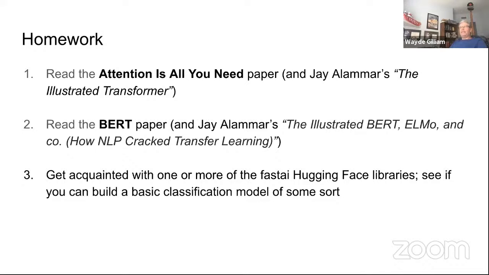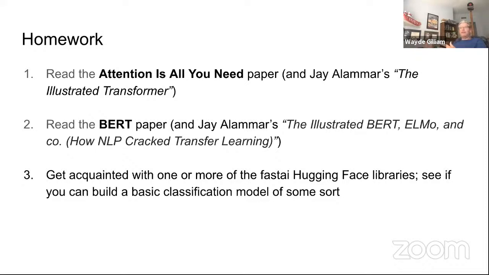You can also look at the BERT paper that I just mentioned. There's The Illustrated BERT, ELMo, and Co., or How NLP Cracked Transfer Learning from Jay Alammar, that has a lot of nice animations and graphics that help explain that paper. And then as a third piece, I mentioned three of the fastai and Hugging Face libraries. Take a look at those, find one, start playing with it, or take a look at all three of them and find which one fits your style of coding.